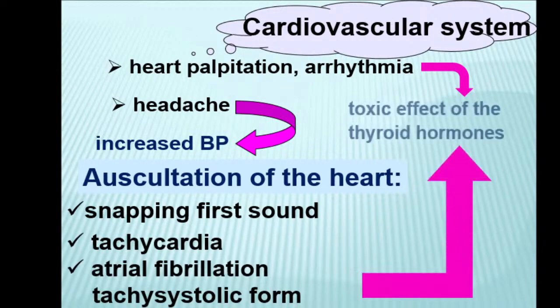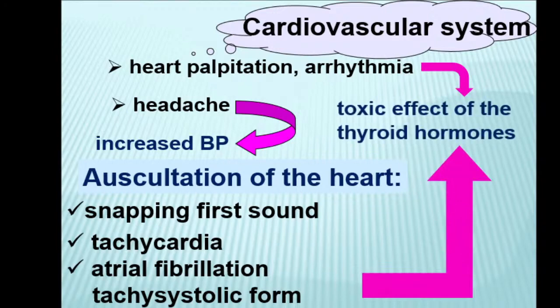We can reveal tachycardia and different disorders of heart rhythm from extrasystole to atrial fibrillation, because thyroid hormones increased activity of heart, increased blood flow, increased heart contraction, increased heart rate.